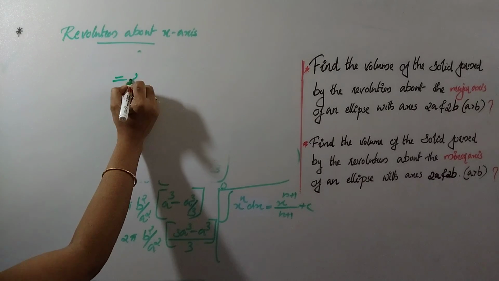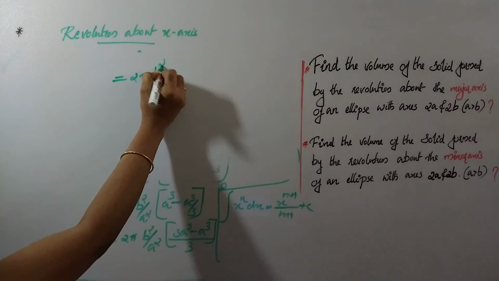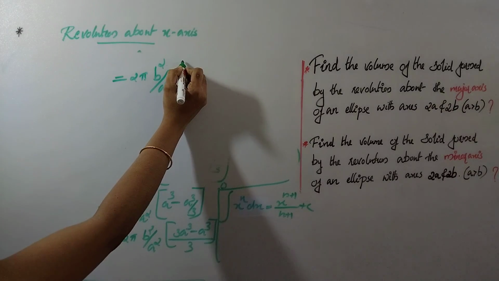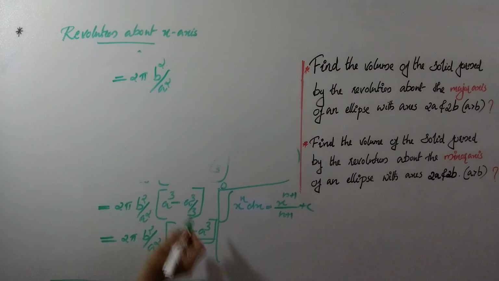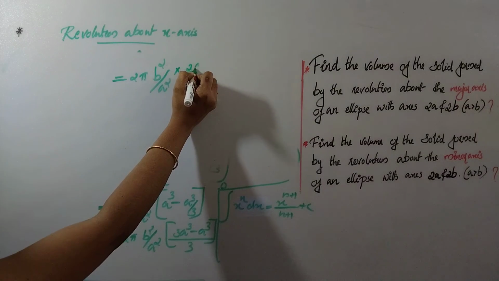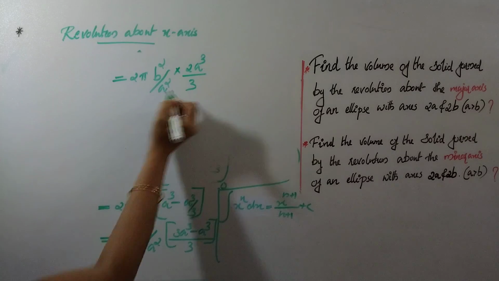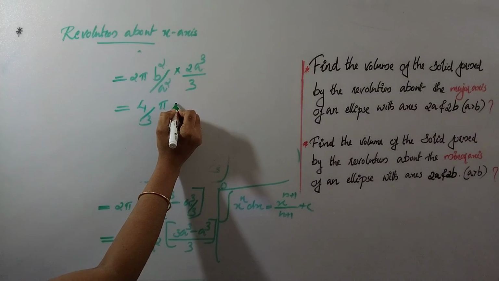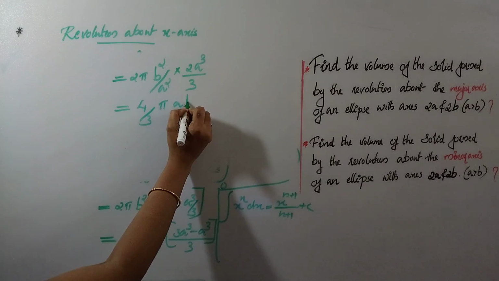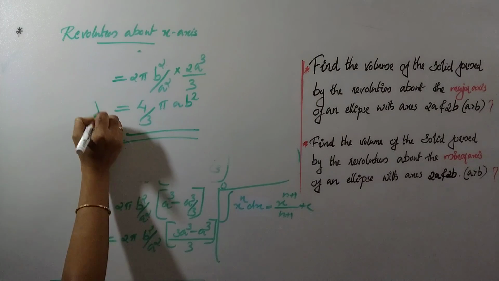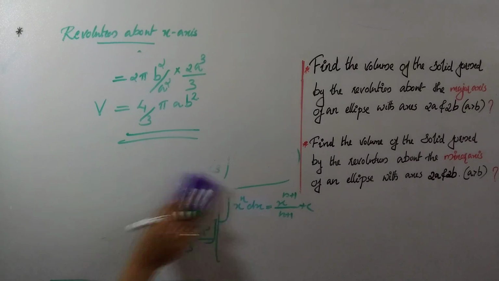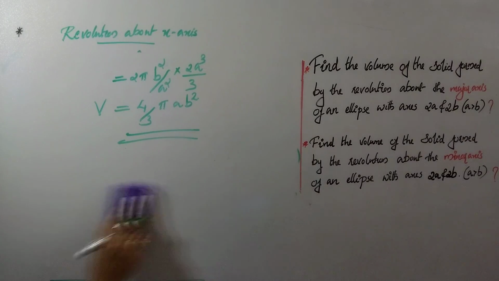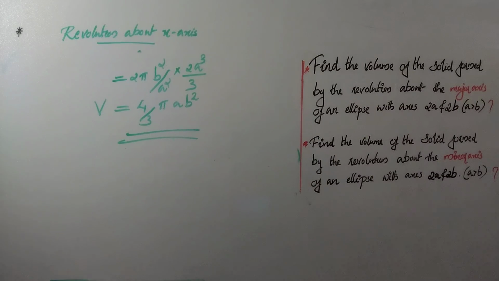That is 2 pi into b square divided by a square into 2a cube divided by 3. So we get 4 by 3 pi a b square. This is the required volume of solid of revolution about the major axis. V is equal to 4 by 3 pi a b square.